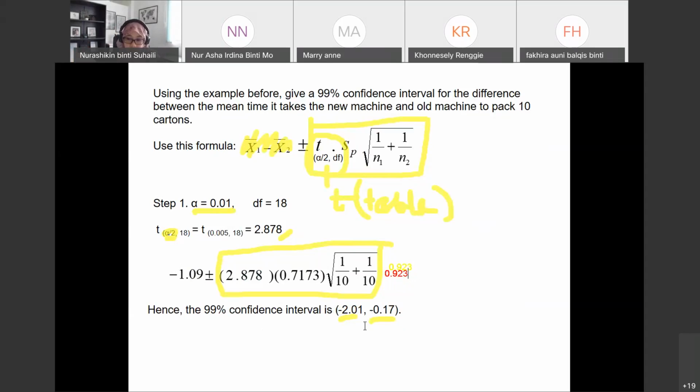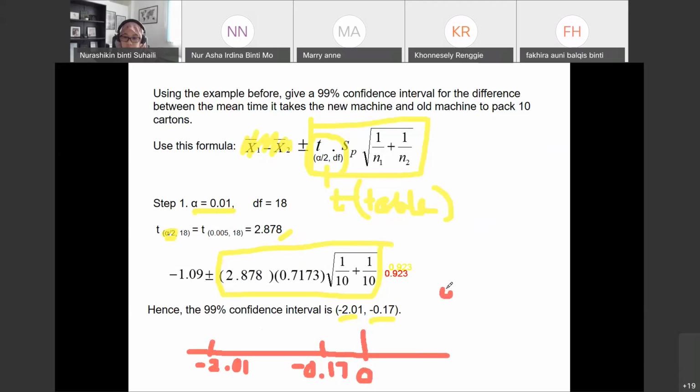Remember, with negative values, minus 2.01 is actually much smaller than minus 0.17, so we write minus 2.01 first. It's the opposite of the positive values.